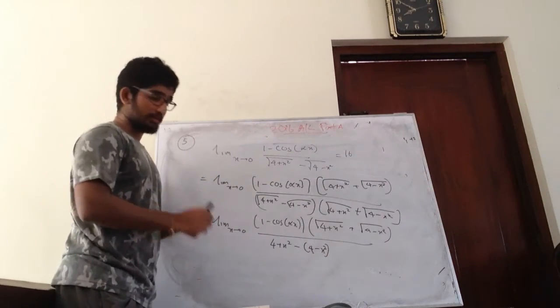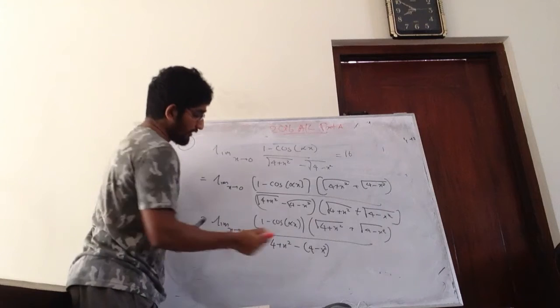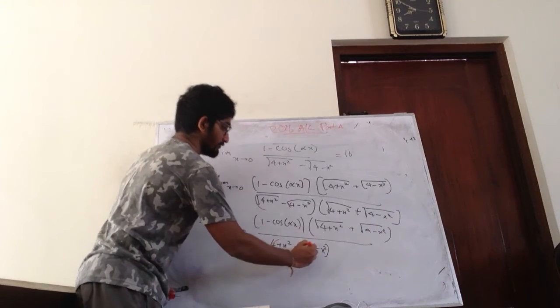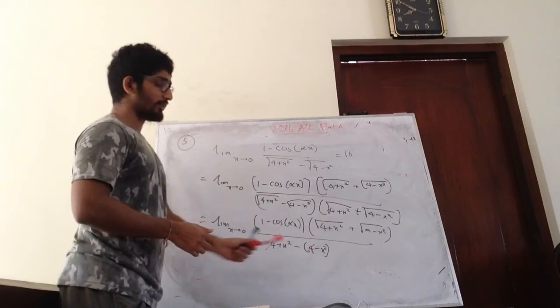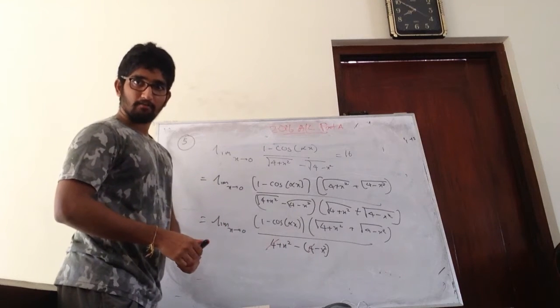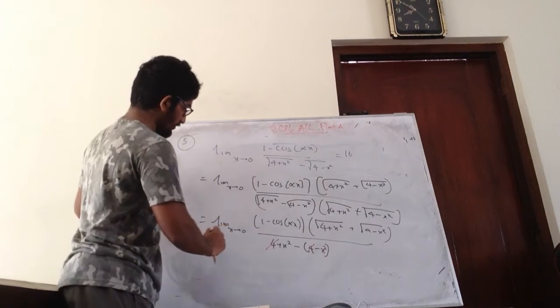Basically this will get cut off, then you will get 2x squared here.